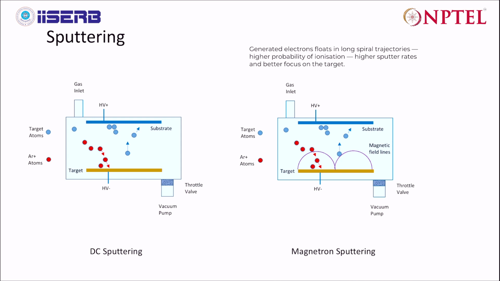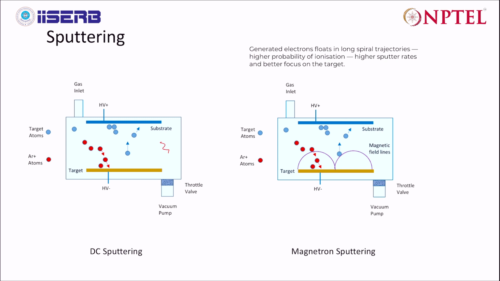So we have started discussing sputtering, and we have seen the basic mechanism of sputtering. We have discussed that in sputtering we have a certain sort of gas inside a vacuum chamber. It's not completely vacuum, because you have some gas.